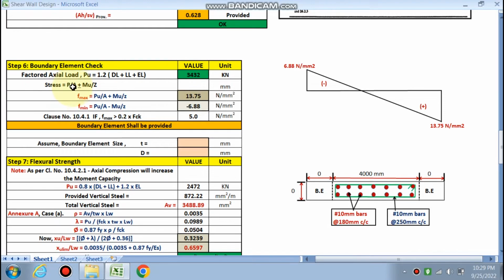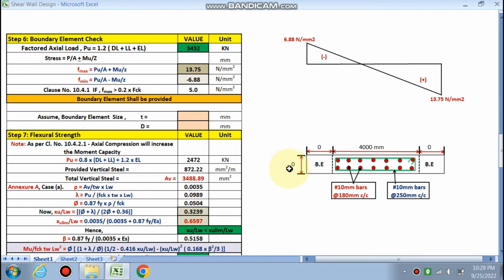Because the horizontal force of the earthquake will be applied on this part, this portion will be in compression and this portion will be in tension. We calculate the stress by this formula: f max is 13.175 by Pu upon A plus Mu by Z. f min is minus 6.8 because this is tension, so it is negative. Clause 10.4.1 says that if f max is greater than 0.2 fck, which is 5, then a boundary element shall be provided. Here f max is 13.75, so a boundary element shall be provided.